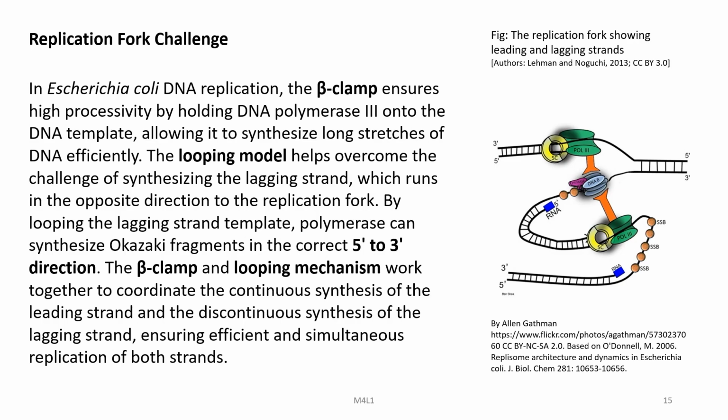By looping the lagging strand template, the polymerase can synthesize Okazaki fragments in the correct 5' to 3' direction. The beta clamp and looping mechanism work together to coordinate the continuous synthesis of the leading strand and the discontinuous synthesis of the lagging strand, ensuring efficient and simultaneous replication of both strands.